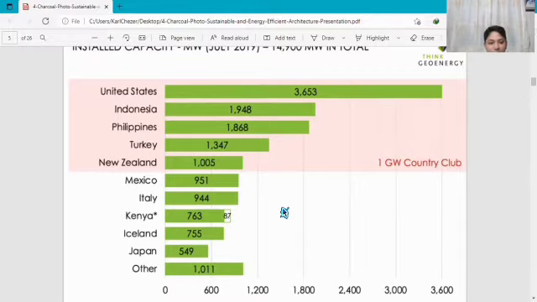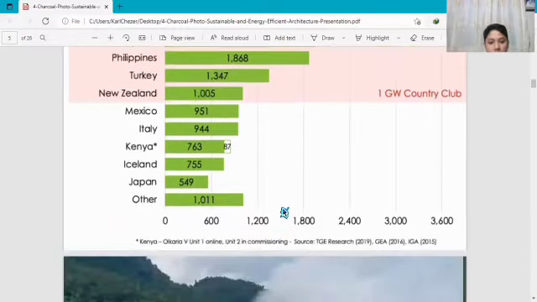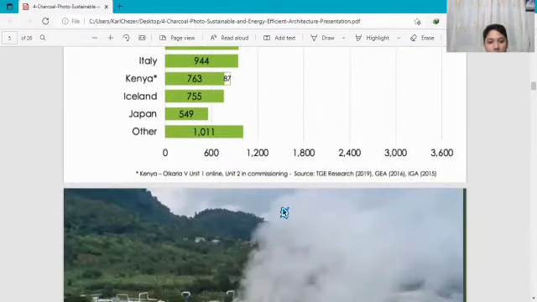Sa panglima sa New Zealand 1,005. At pang-anim ang Mexico 951. Pang-pito ang Italy 944. Pang-walo ay ang Kenya 763. Pang-siyam ay ang Iceland 755. Pang-sampo ay ang Japan 549. At yung others 1,011.